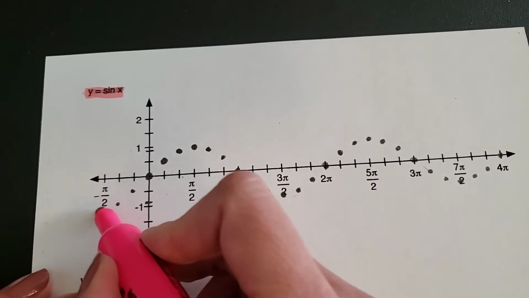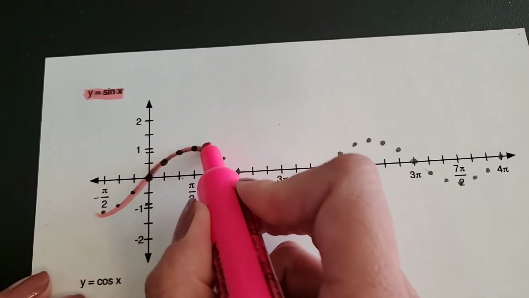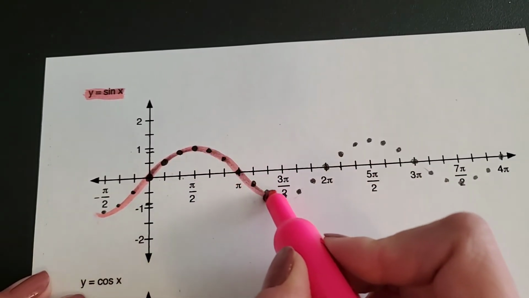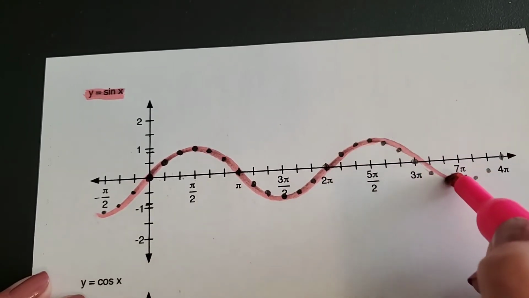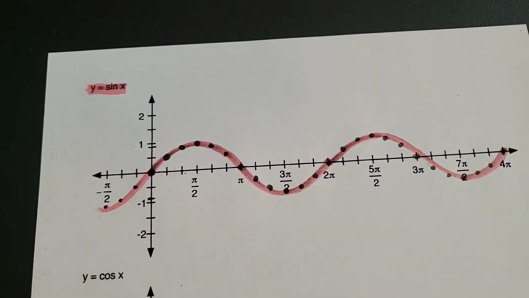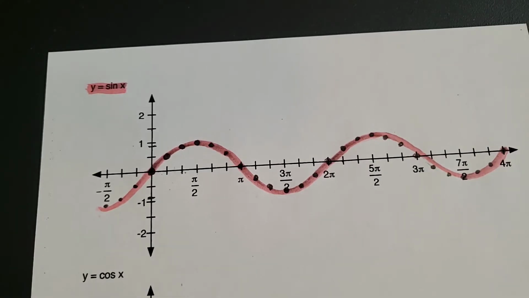And I now have the graph of y equals sine of x, the periodic function of sine. It is always this. This is the parent function, the parent sine function.